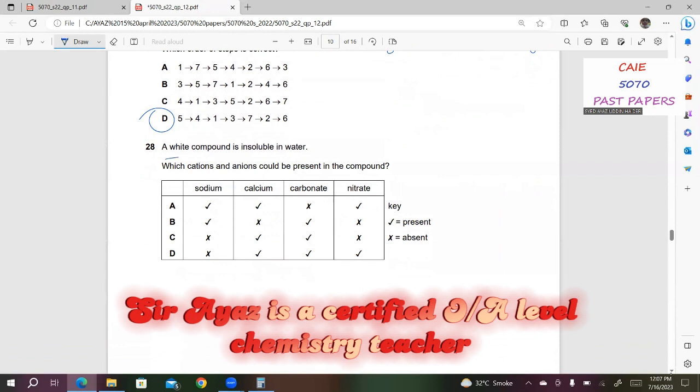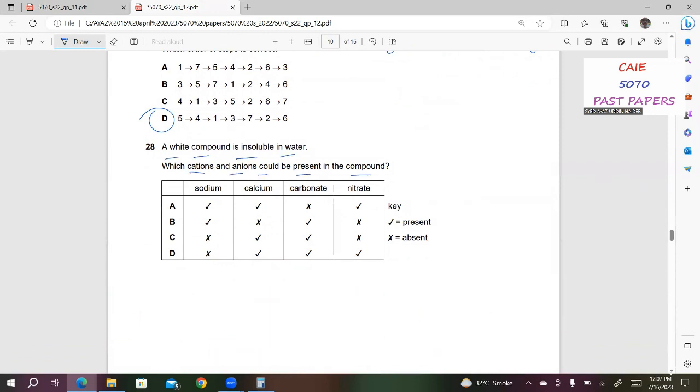Number 28, a white compound is insoluble in water. Which cations and anions could be present in the compound? You see in the question, they are saying it is insoluble in water, which means that it is not soluble. So the key is provided. If it's present, you write tick. If it's absent, you write cross.